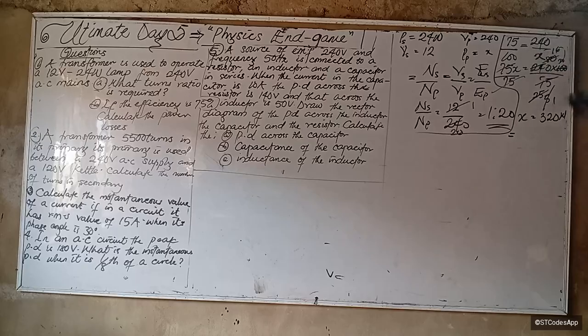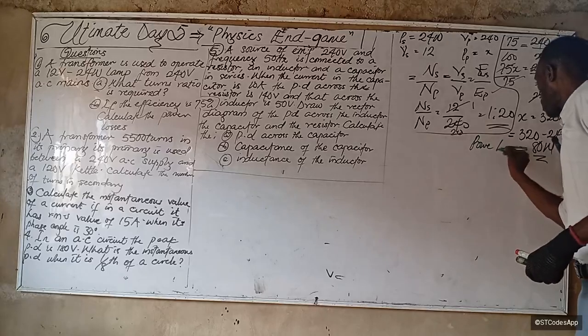So that will be 32 minus 24, and what does that give us? 8 watts is the power loss.